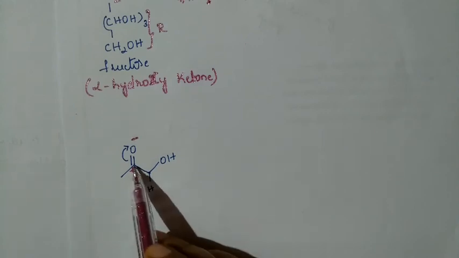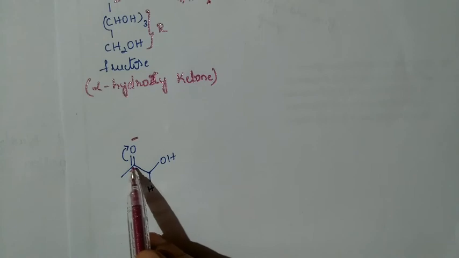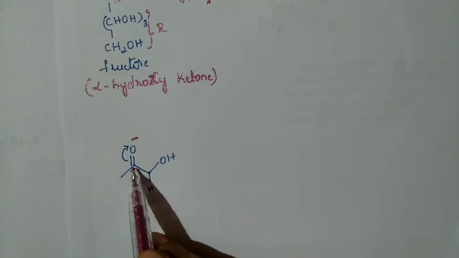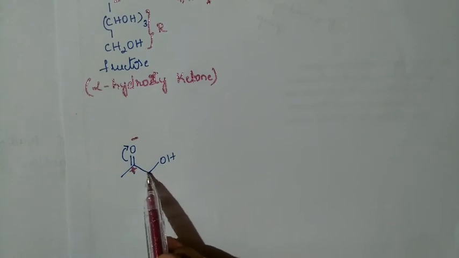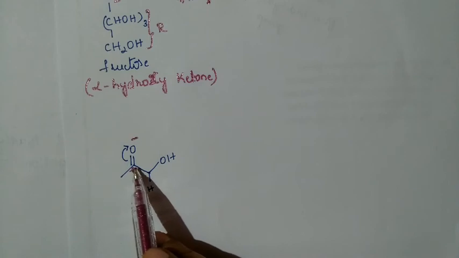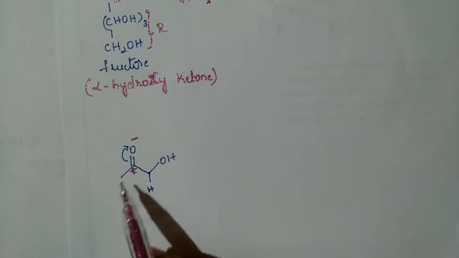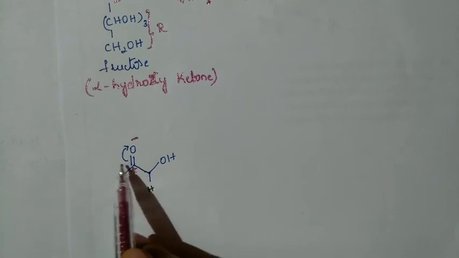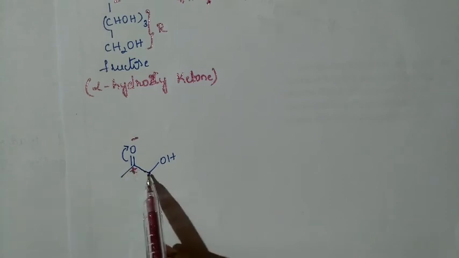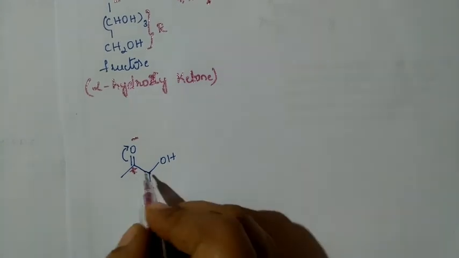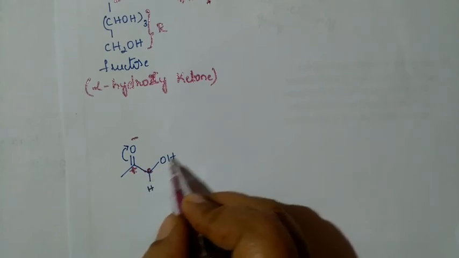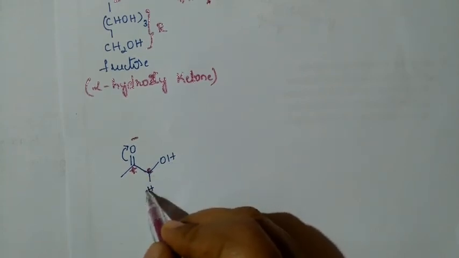If this carbon is getting a positive charge, it lacks electrons, so it is going to pull the bonded pair of electrons from this bond toward its side. This is our first carbon. It consists of an OH group on this side and a hydrogen on this side.